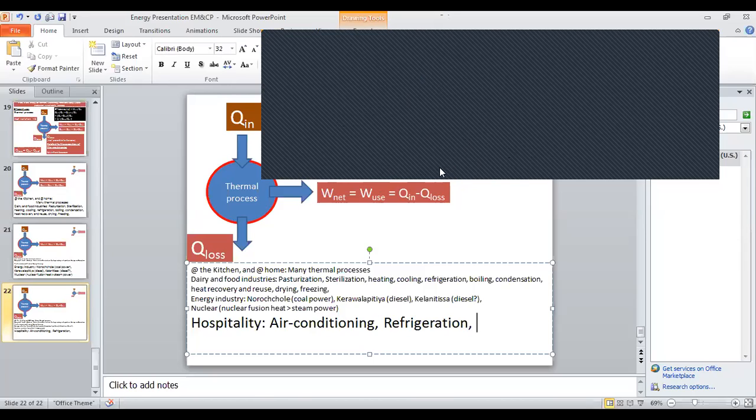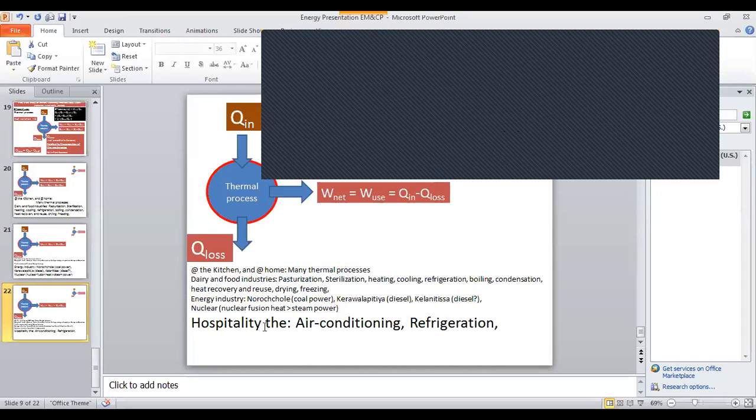What else? Mainly air conditioning and refrigeration are the main ones, and also there should be transportation and logistics. So you are considering the thermal processes. This one is the hospitality industry: air conditioning, refrigeration.